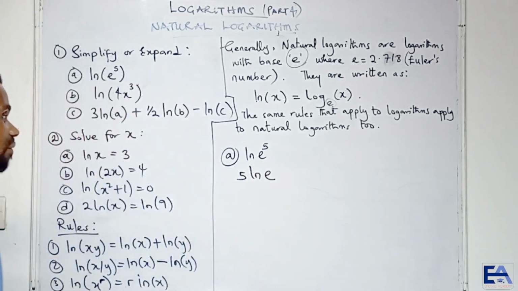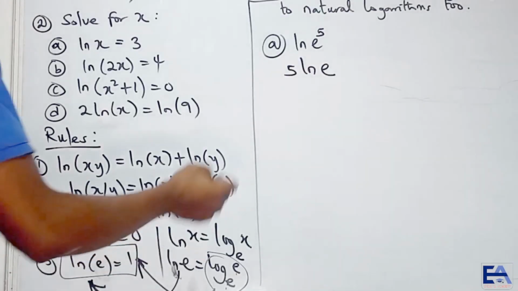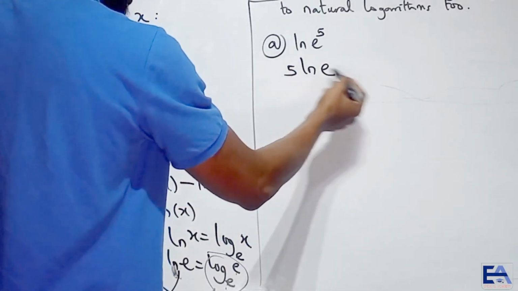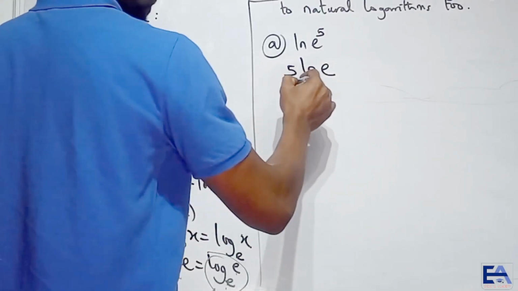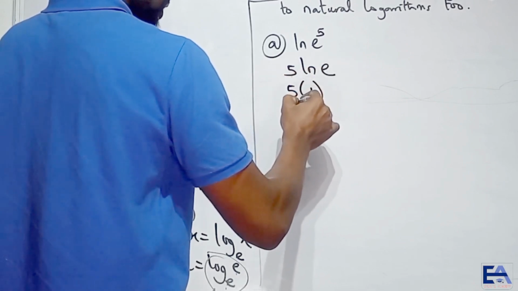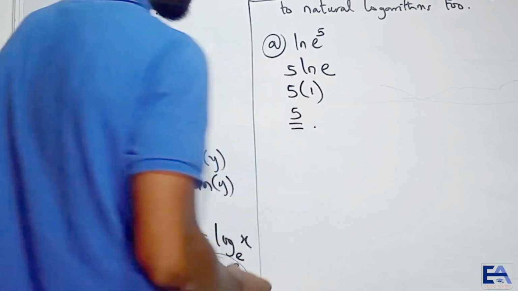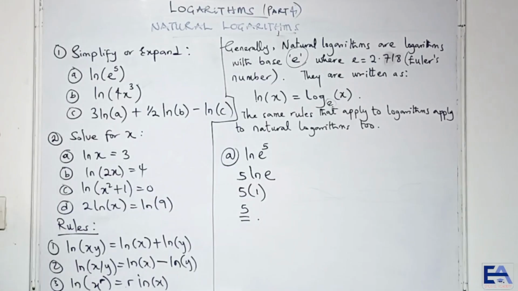There's nothing special about it. But remember, ln e is equal to 1. So instead of leaving 5 ln e that way, we just say 5 multiplied by 1, and the answer is 5. It's that simple.